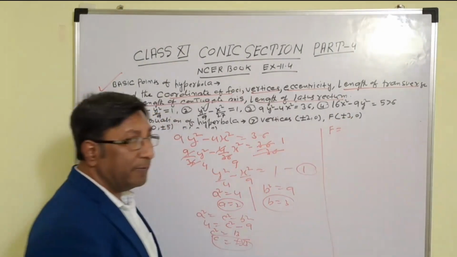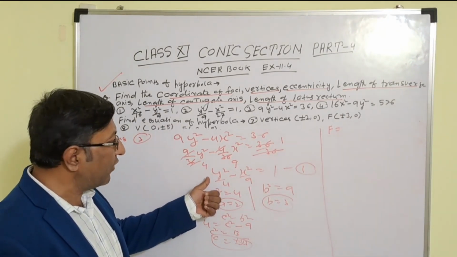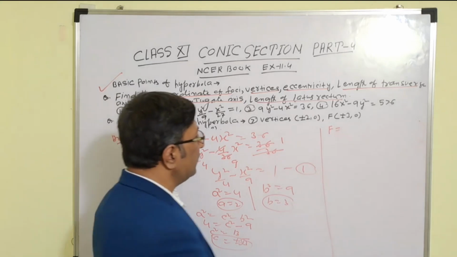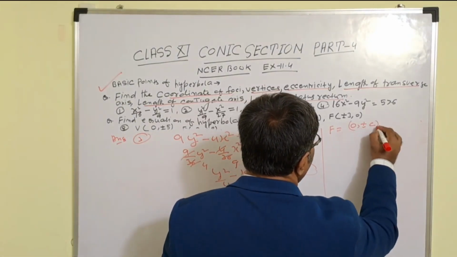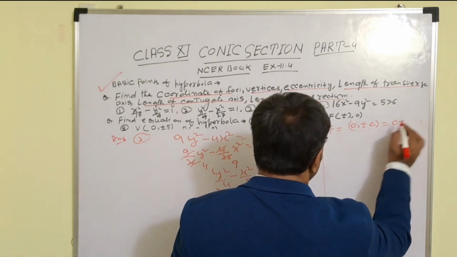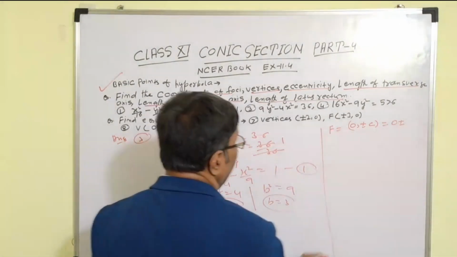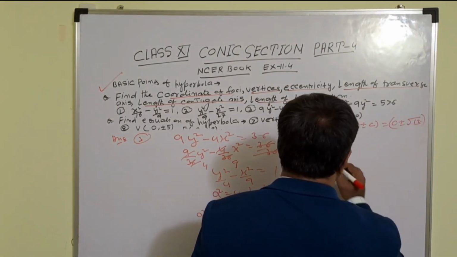The given hyperbola is along the y-axis, so the foci are on the y-axis and the x coordinate will be 0. So the foci are (0, ±c), that is (0, ± root under 13).